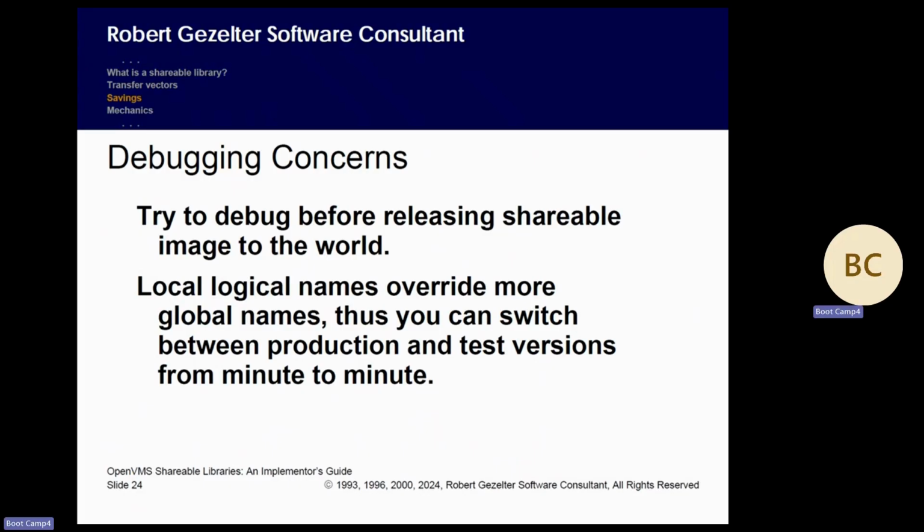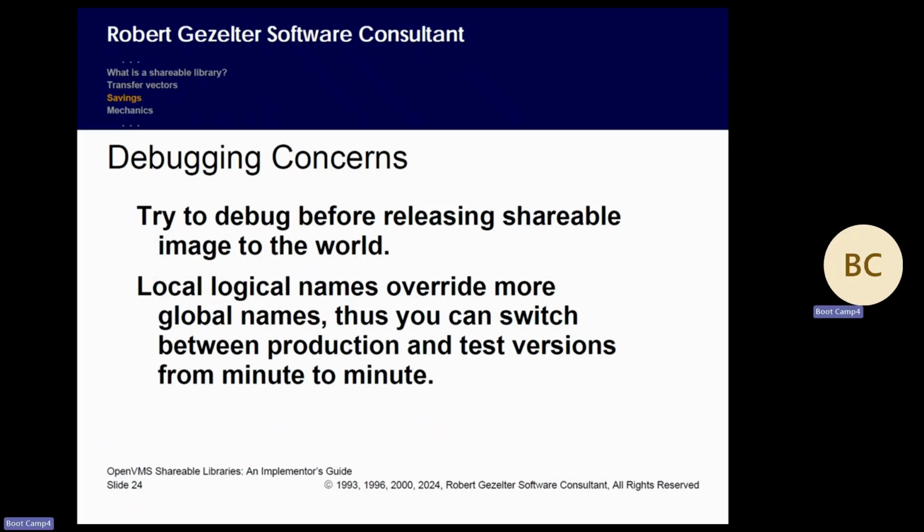Also, local logical names override more global logical names. Remember the hunting sequence? It starts at local, then goes to job, then goes to group by default, and then goes to system. You can change this. See my article on logical names in the former OpenVMS technical journal.